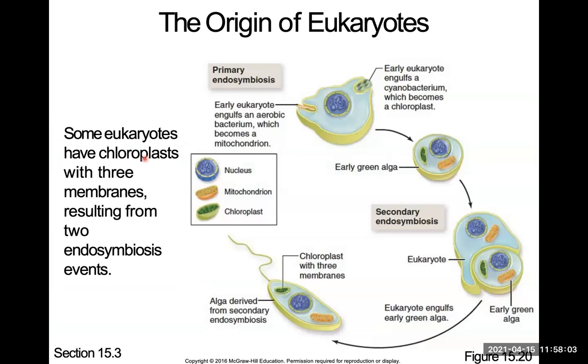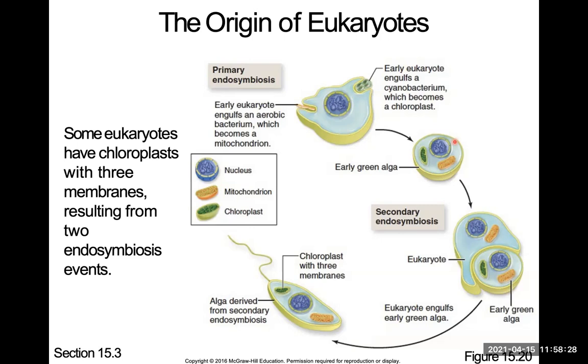So what we just went over was primary endosymbiosis, which means an early eukaryotic cell engulfs an aerobic bacterium that becomes mitochondria, and also a cyanobacterium that becomes chloroplast. That gives you early green algae. That's what produced oxygen and caused the first mass extinction.